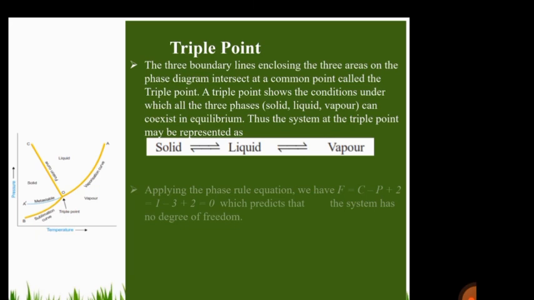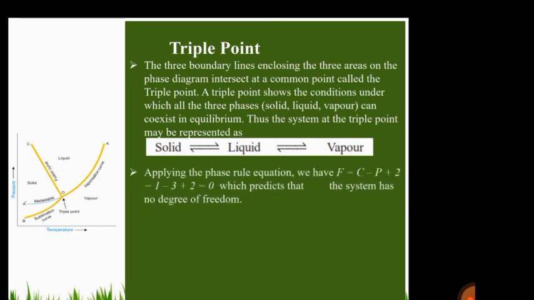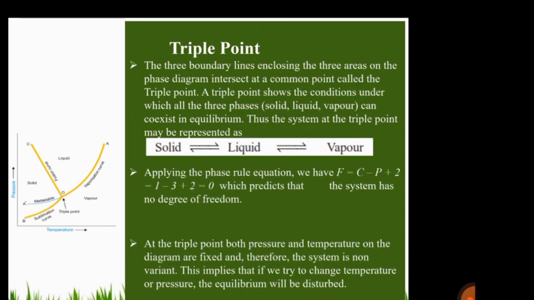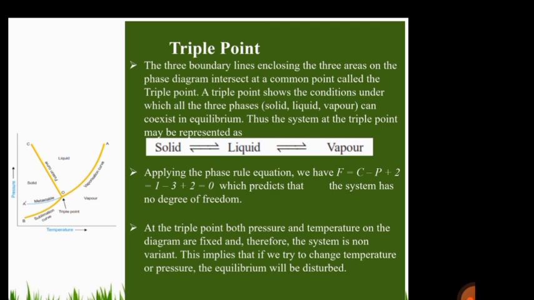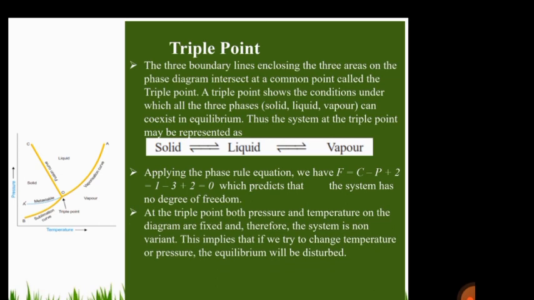And the third point is the triple point. Triple point means the three boundary lines enclosing the three areas on the phase diagram intersect at a common point called the triple point. A triple point shows the condition under which all three phases, that is solid, liquid and vapor, can coexist in equilibrium.